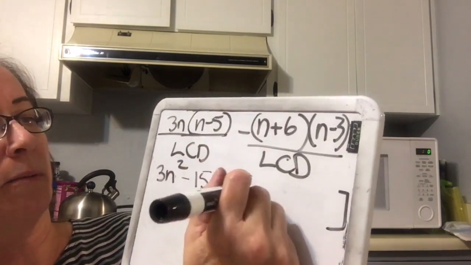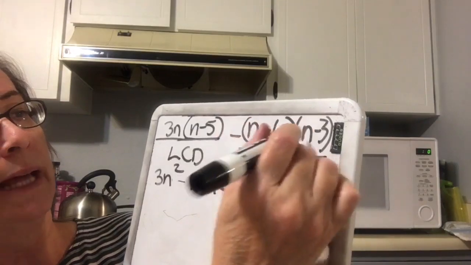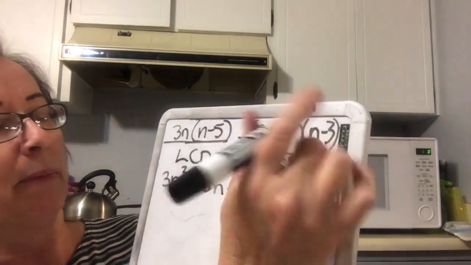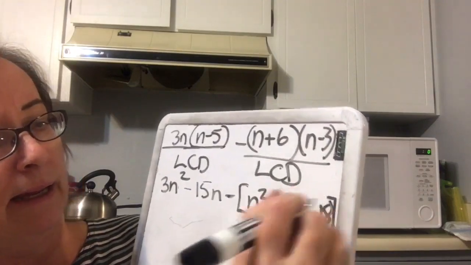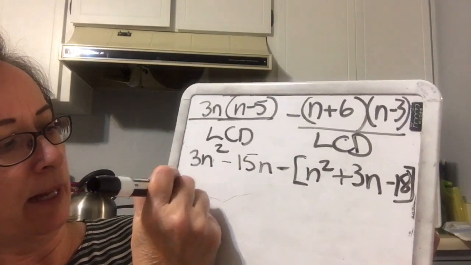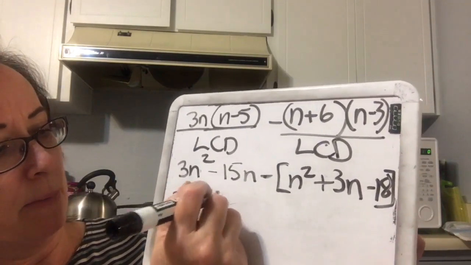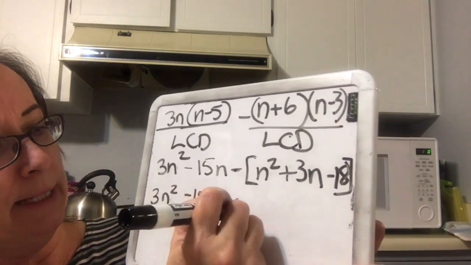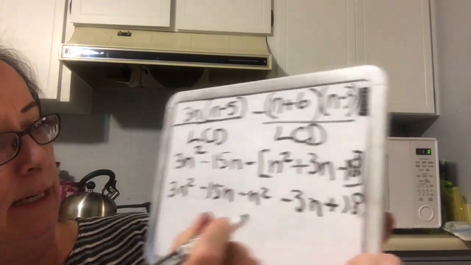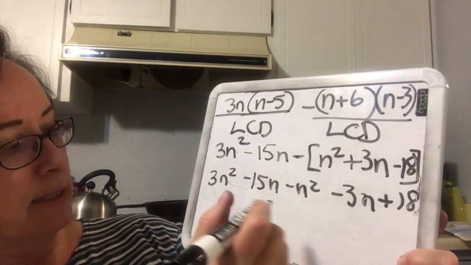So it's going to be n squared plus 6n minus 3n is plus 3n minus 18. And now when I distribute that through, I'll have 3n squared minus 15n minus n squared minus 3n plus 18, and all of that's over the LCD.